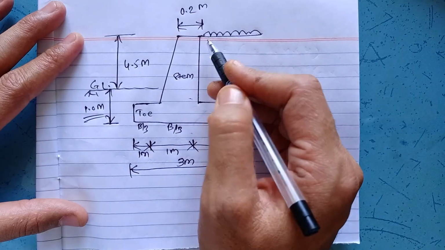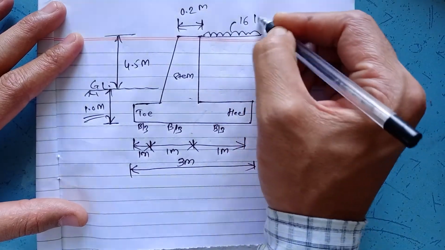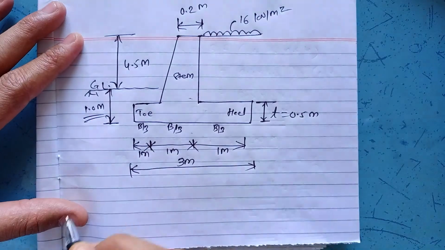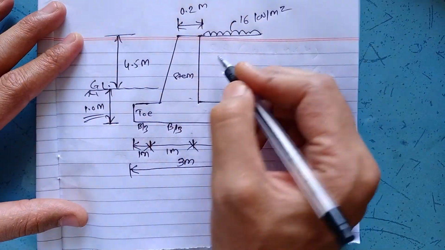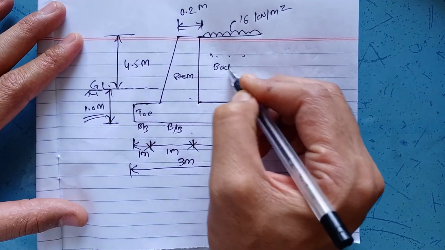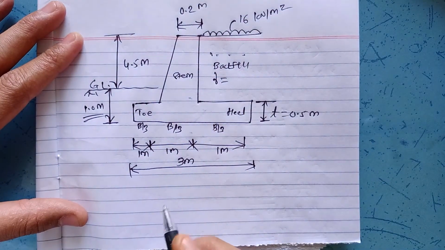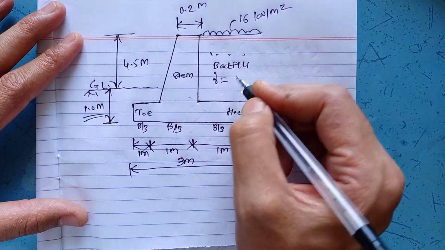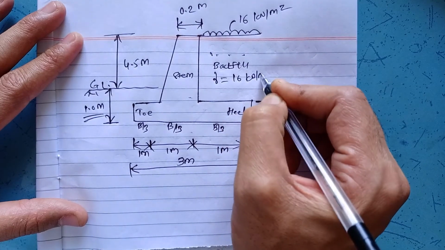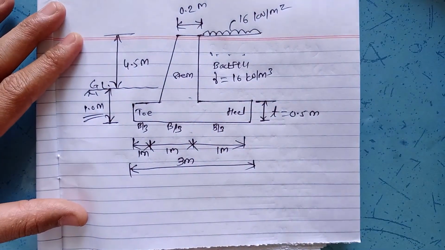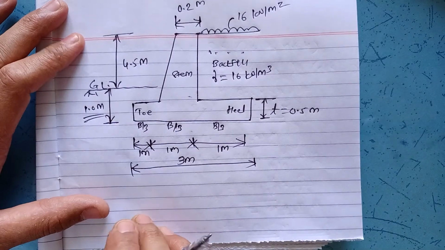Now surcharge is acting, and intensity of surcharge is 16 kN per meter square, whereas backfill soil is having unit weight gamma equal to 16 kilonewton per meter cube.